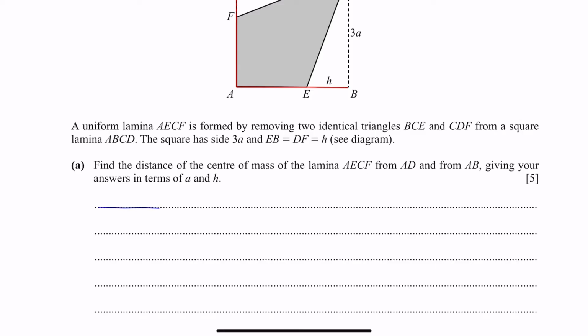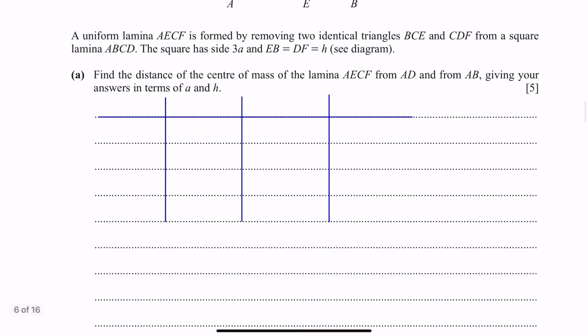Okay, so now we can draw a table. The first column would be the lamina, second column would be their area, third one would be the distance of center of mass from AD, and the fourth column would be the distance of COM from AB.